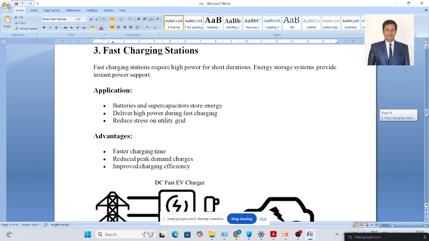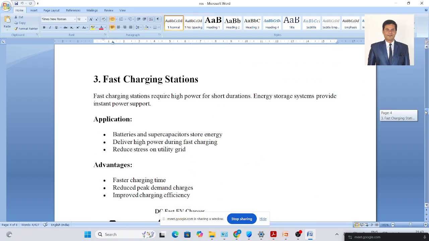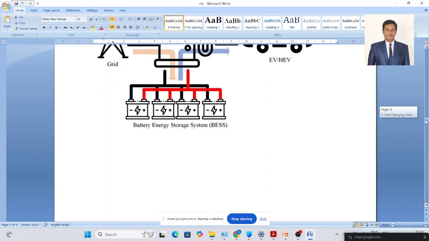What is the benefit of fast charging? It helps us charge very quickly, and it also improves our charging efficiency.